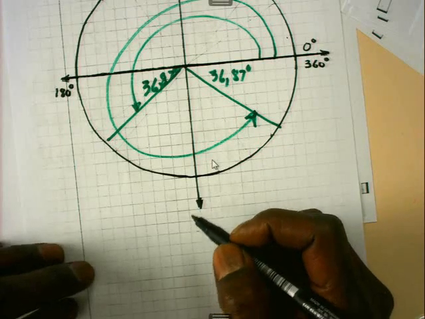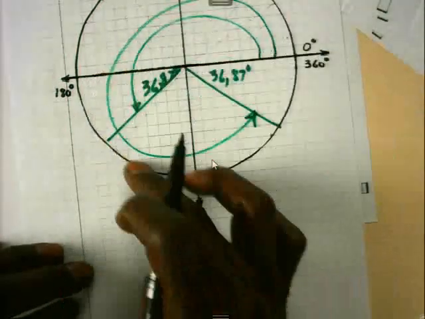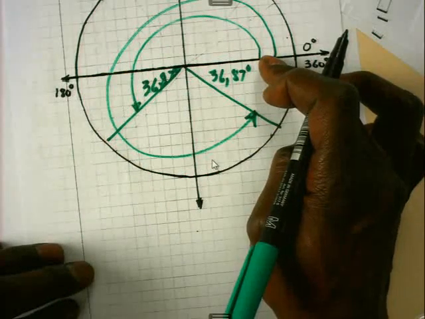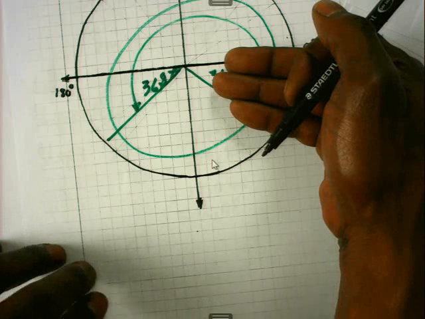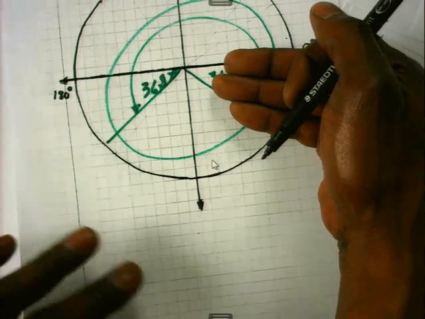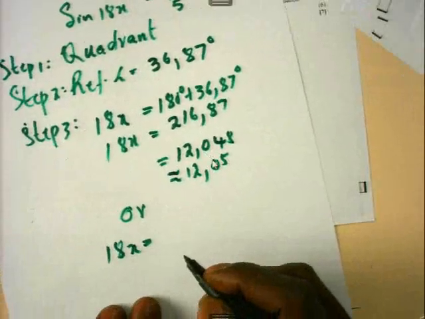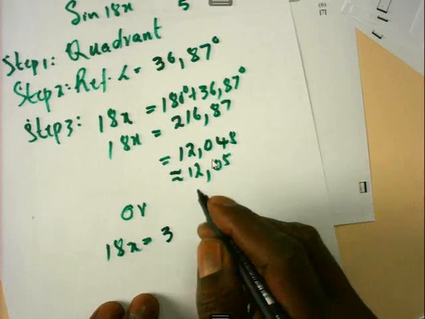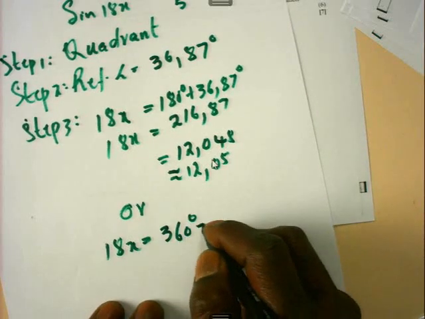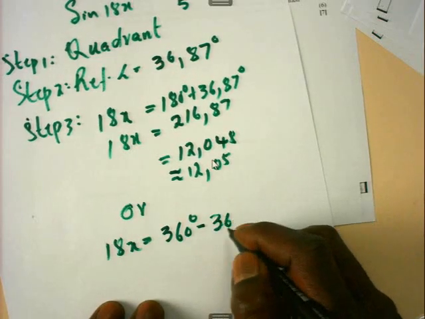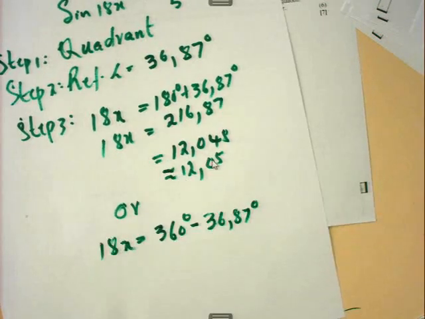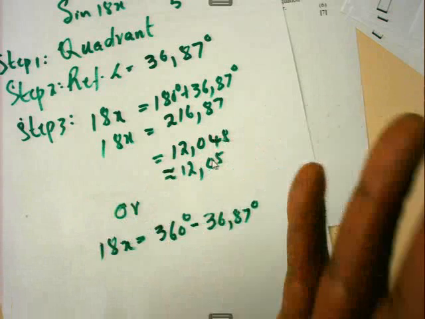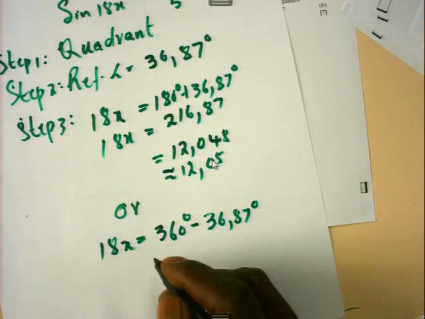That must be our solution. So this solution is 360 degrees minus the reference angle of 36.87 degrees. I don't think we must write the general solution for this.